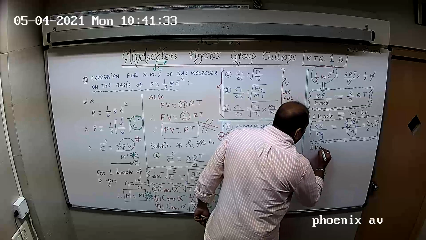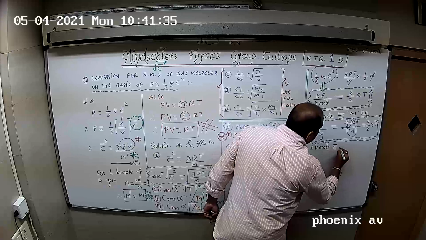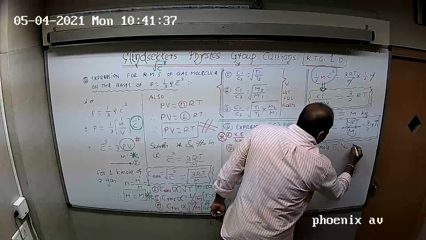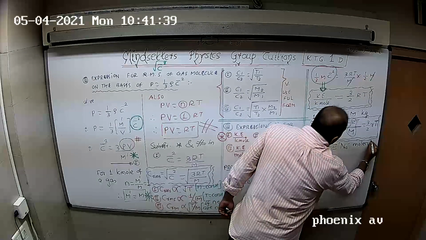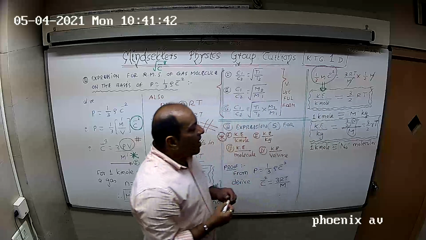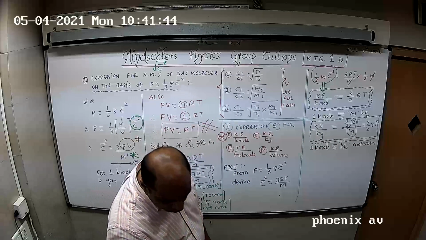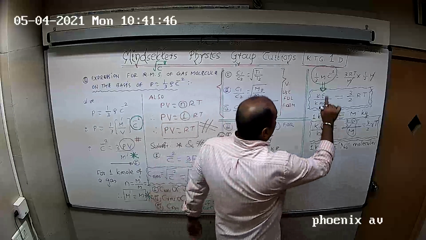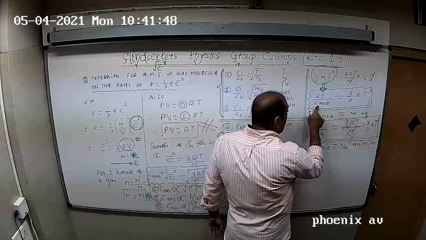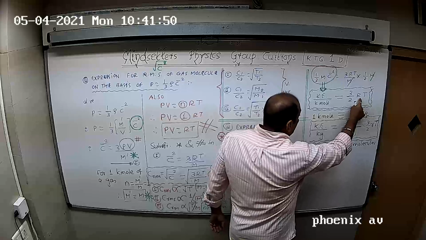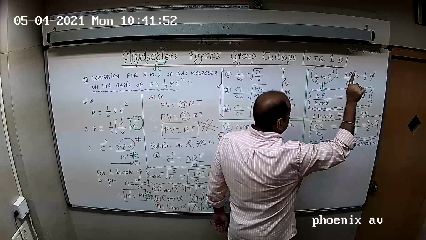Next one will be easier. 1 kilomole, you know that it is Avogadro's number, N0 molecules. 1 kilomole is N0 molecules. Apply common sense. If this is the answer for 1 kilomole, that means this is the answer for N0 molecules, all the molecules, right?